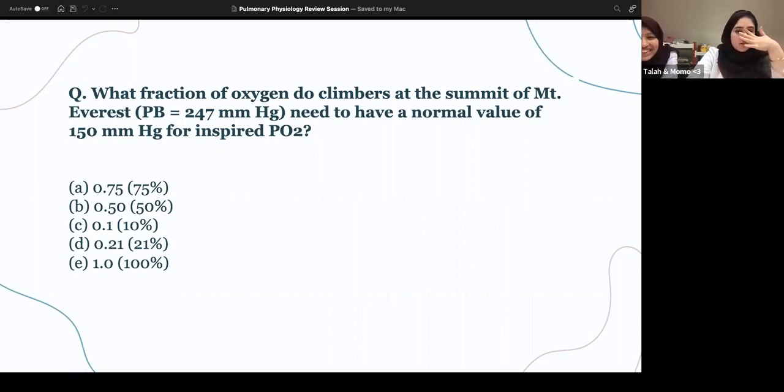It's literally just a test of whether you know the formula and how you would apply it. They will just never have normal PiO2. They're not actual numbers.